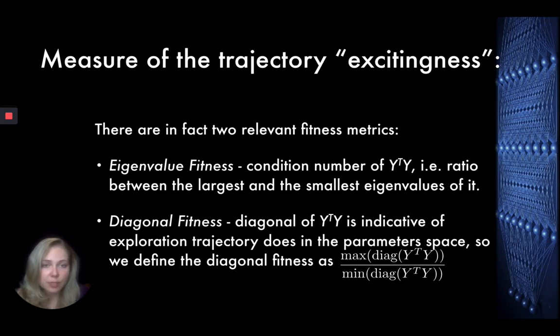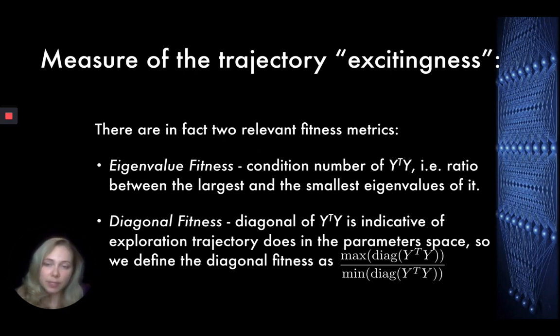One of them is the condition number of Y transpose Y. That's the ratio between the largest and the smallest eigenvalues of it. So if you imagine the parameters spread out in multidimensional space as a ball, that's roughly how round it is.